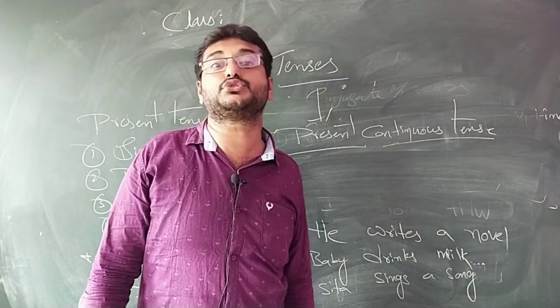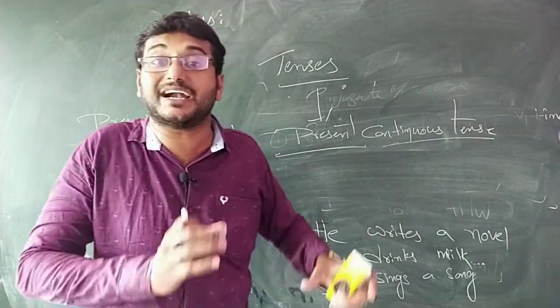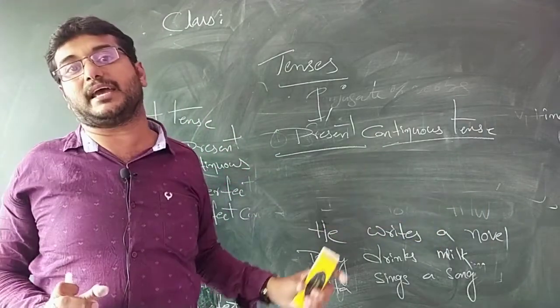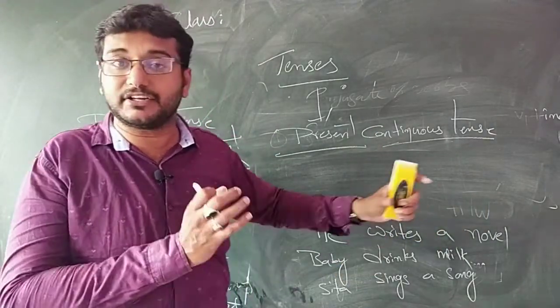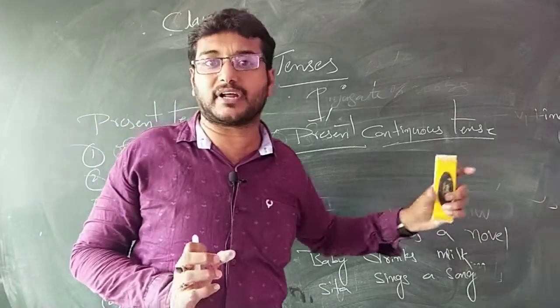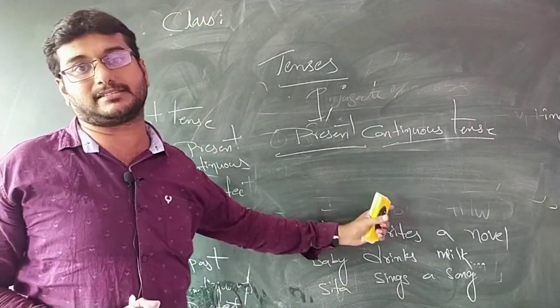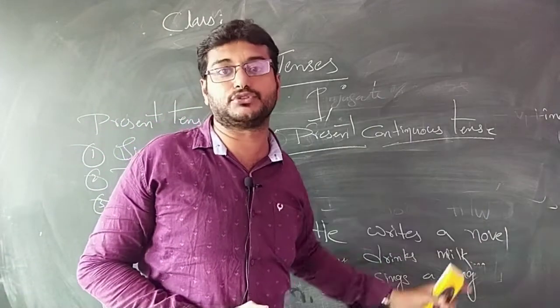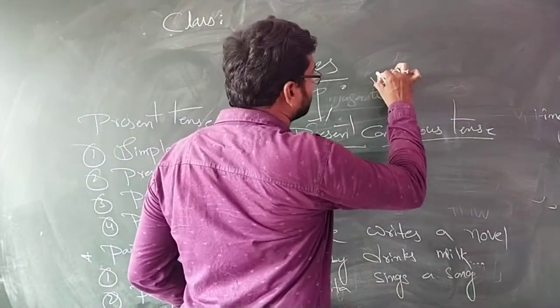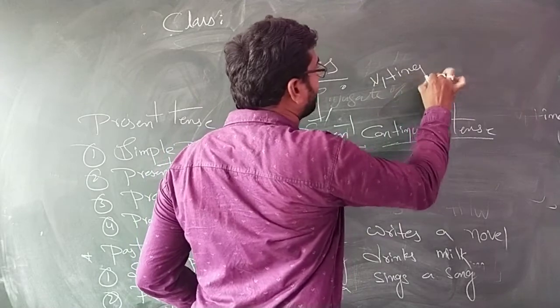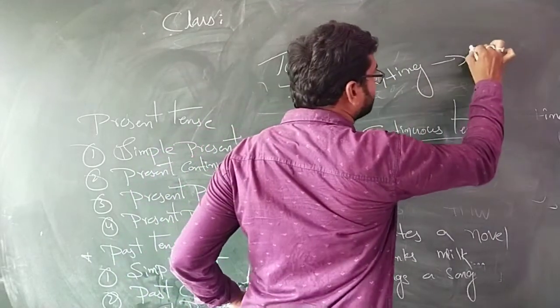This tense is used to describe an action which continues for a period of time in the present. It continues only for a period of time in the present. Whenever you get continuous, either in the present or in the past or in the future, we use V1 plus ing form, that is nothing but V4.